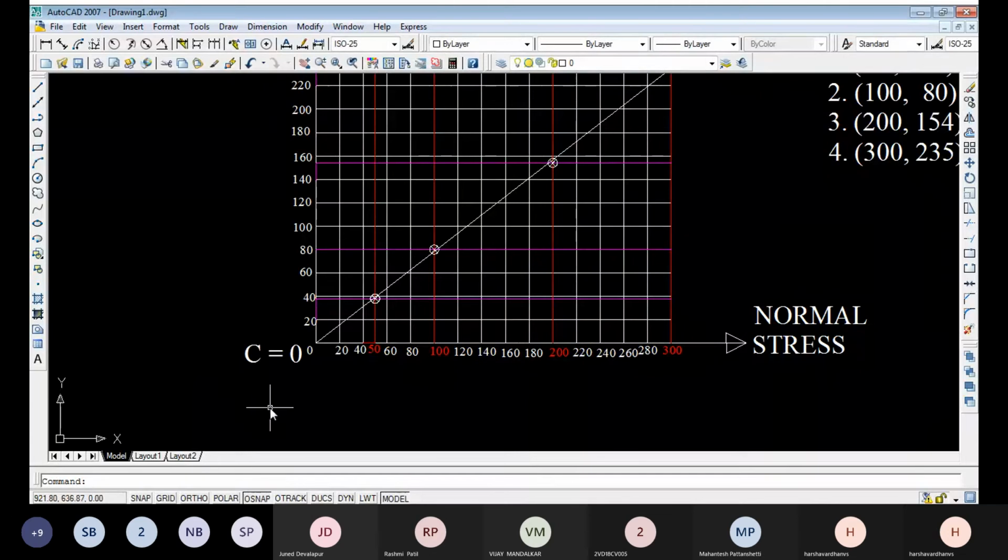The y-intercept is equal to 0 because the strength envelope is passing through the origin.